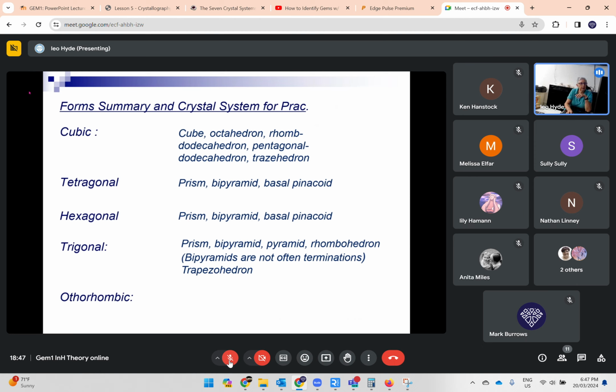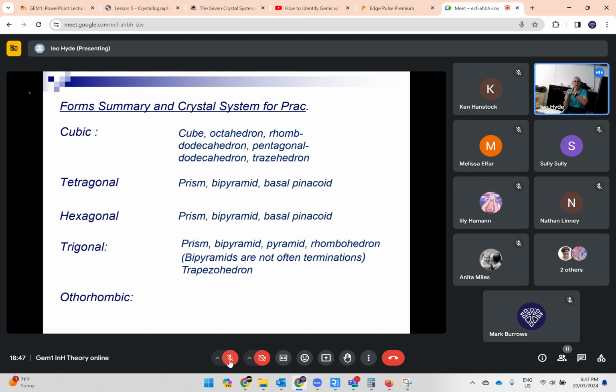If we're talking about tourmaline, tourmaline can be 6-sided, mostly it's 3-sided. And with the tourmaline, we know that it's one of the few gems that produce a different set of faces at either end. So on the bottom, there's only one face, it's a pedian.